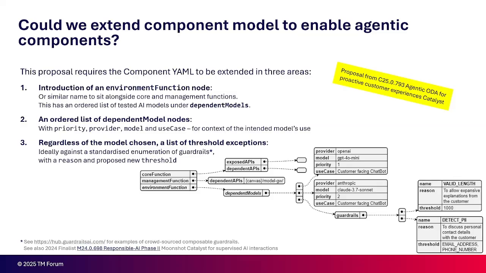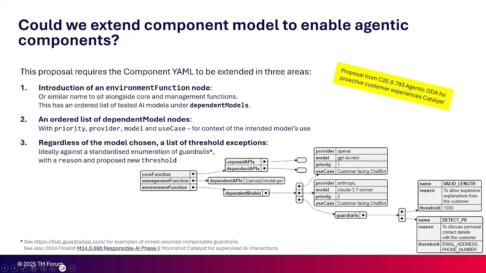And so the question is, could we extend the component model to support and to enable agent components? And the answer is yes. And the extension we've been developing actually originated from one of the catalysts, from the Agentic ODA for Proactive Customer Experiences catalyst.